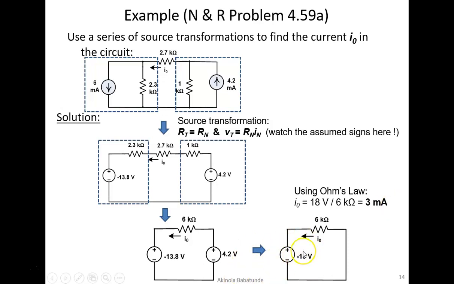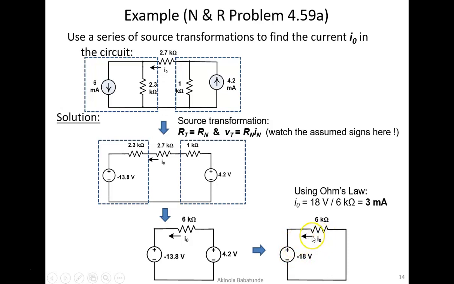Now, if we have minus 18 volts here, the next thing to do is just to apply our Ohm's law, which says V is equal to IR, to find our I naught. Since we already know that our volt is minus 18, what is our I naught? Don't forget that with the plus sign here, and I naught coming in this particular direction, I naught is going to have a negative value.